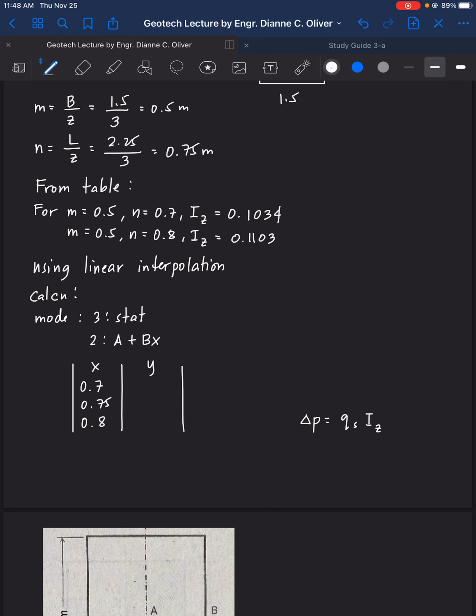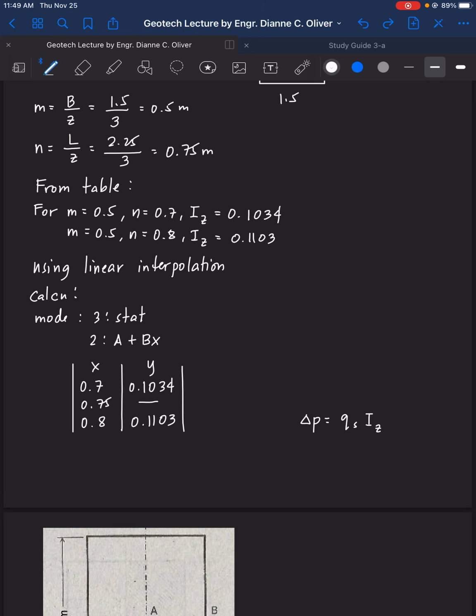So this is what we're missing, 0.75. For 0.7 we have 0.1034, then we have 0.1103. Don't put this one here. I just write it here so that we are aware of what we're looking for.